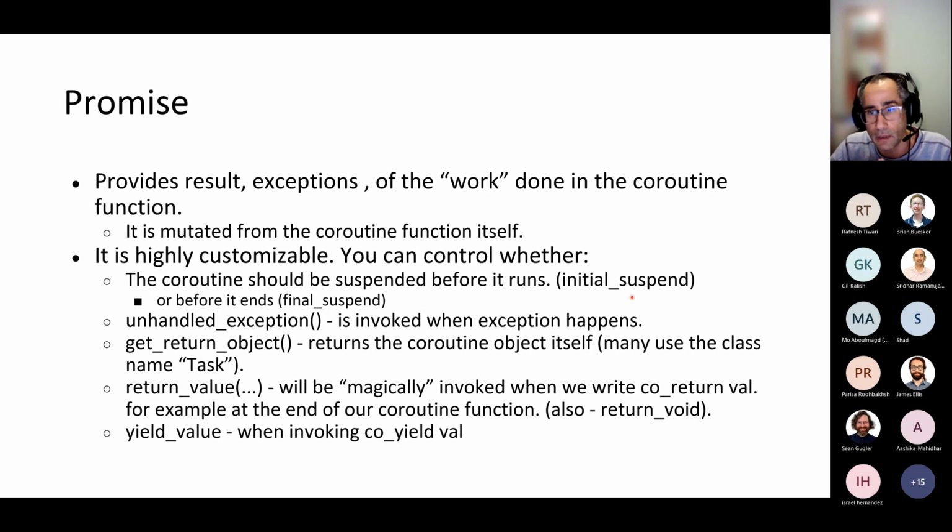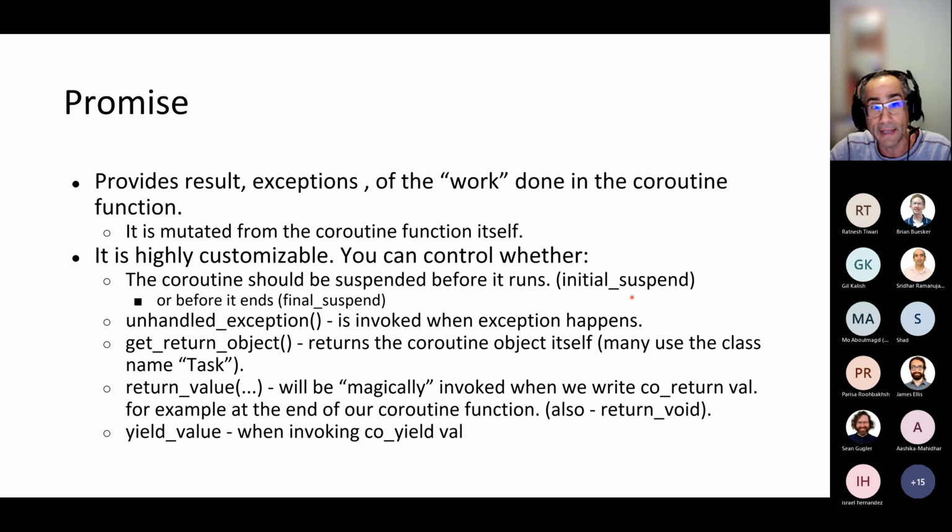And these are a way for you to customize how your coroutine function behaves. For example, when you create the frame, do you want the coroutine to be suspended? And I'll show in the generator that the case is yes. Why? I'll show why.